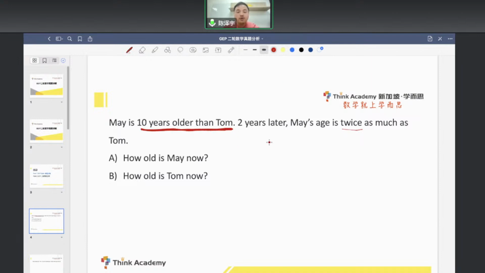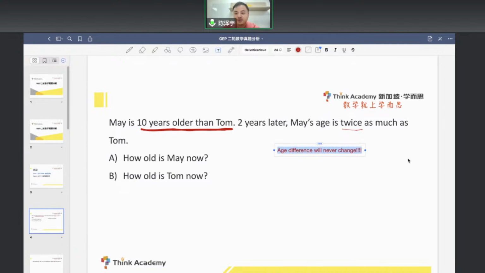If you know about age problems very well, you know that age difference will never change. This is very important. If you attend our P3 GEP Elite course, you have learned this about age problems, that age difference will never change.